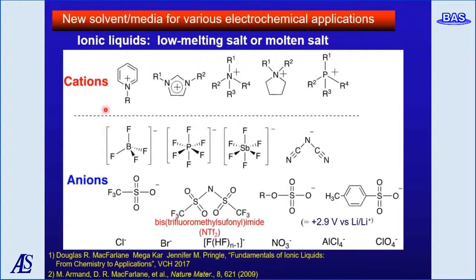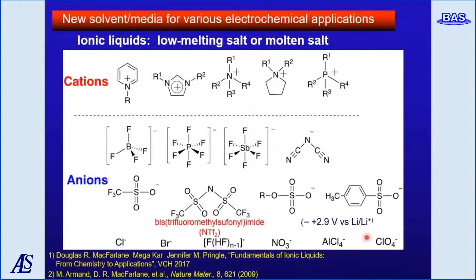Cations include pyridinium and imidazolium, quaternary ammonium, pyrrolidinium, and phosphonium, etc. And as anions, triflate, bis-trifluoromethanesulfonamide, sulfonate, chloride, bromide, nitrate, tetrachloroaluminate, perchlorate, etc. The combination of cations and anions gives a fluid with ion conductivity comparable to many organic electrolyte solutions.